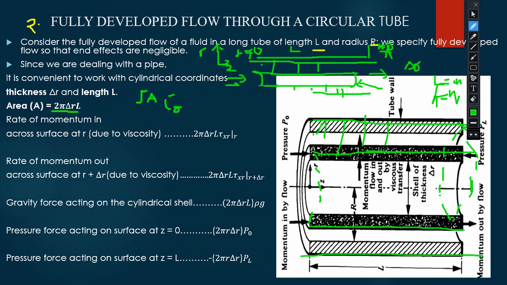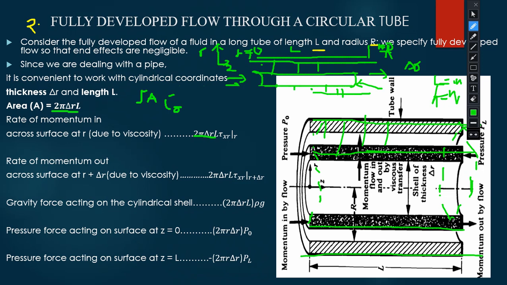All right, good. So if that is the case, then this one here, the area, which is 2πrΔL, times the shear stress across this surface r, across the surface r.